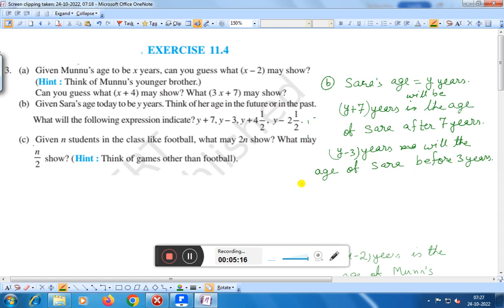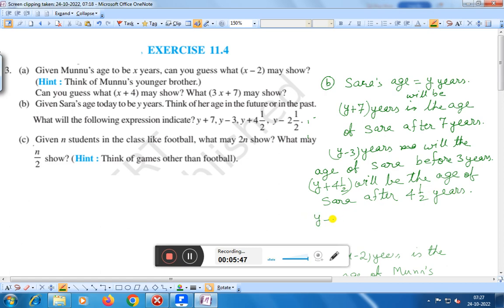Next one is y plus 4 and a half. Y plus 4 and a half will be the age of Sarah after 4.5 years.